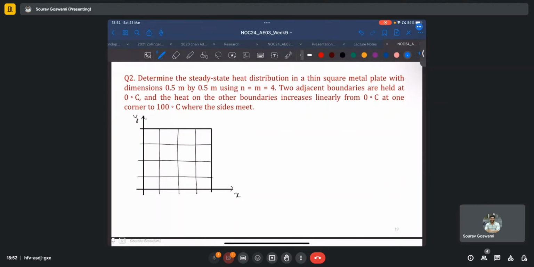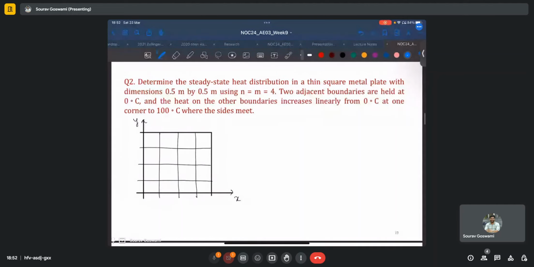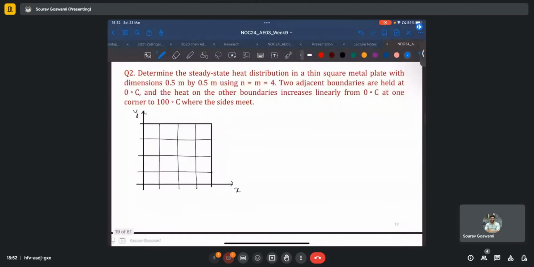Again, it says that two adjacent boundaries are held at zero. So just for the sake of convenience, let us assume that it's the one along the axis. Again, this will be 0.5, and this dimension here is 0.5 as well.